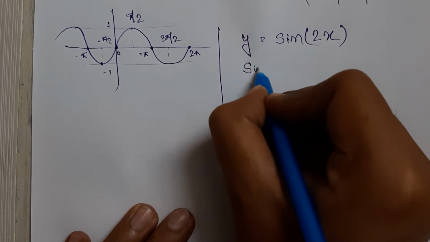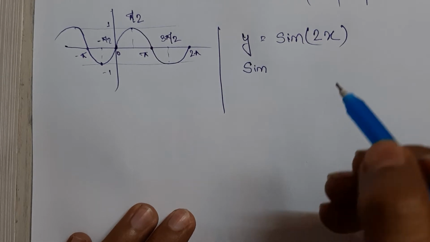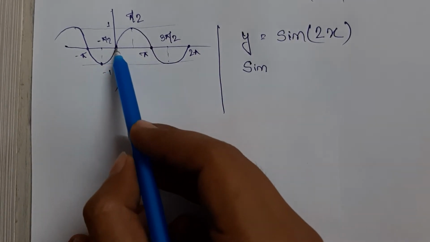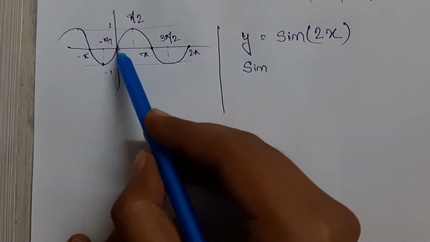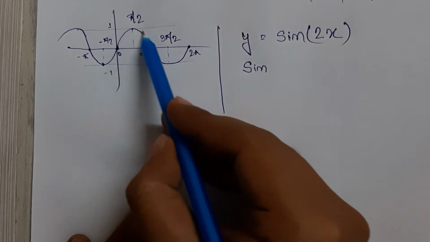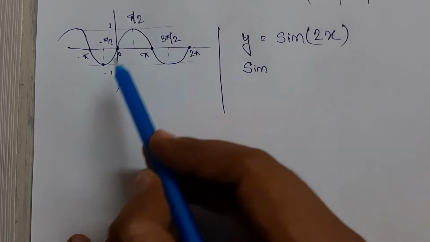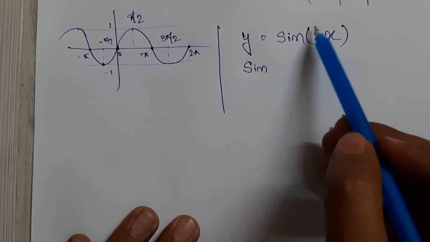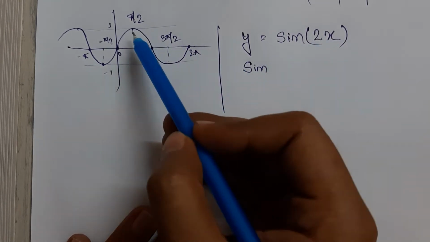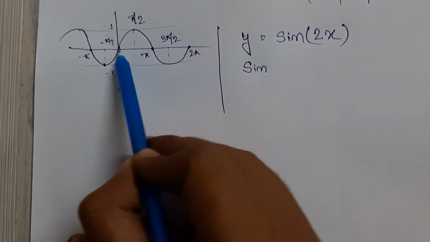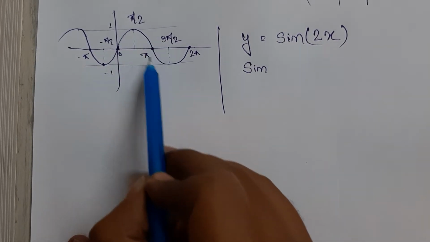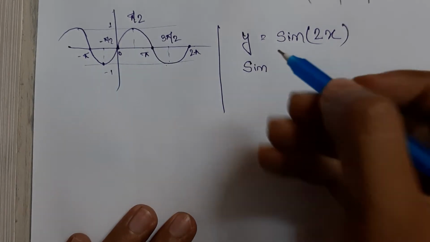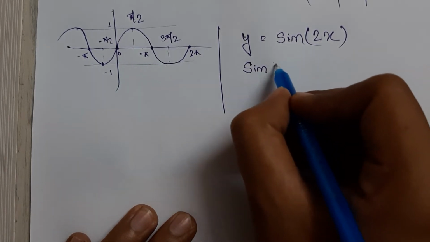So we have to check when it will be 0. The sin x graph will always be a curve, right? As it is given 2x, we need to decide when it will give 0, when it will give 1, when it will give 0 another time, and when it will give -1. Let us see when it will give 0.